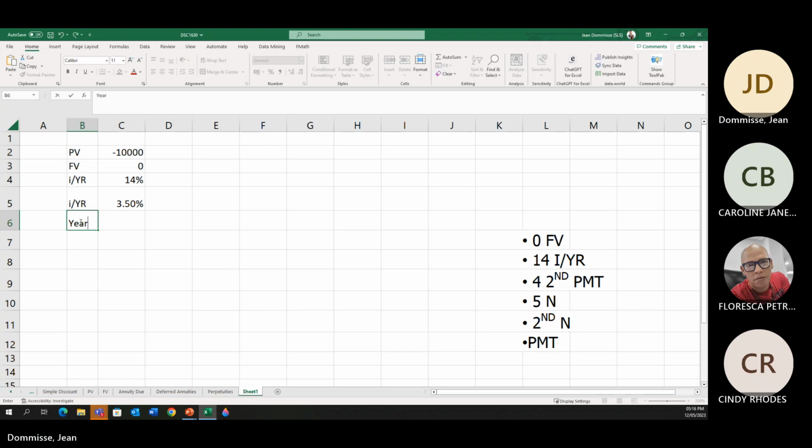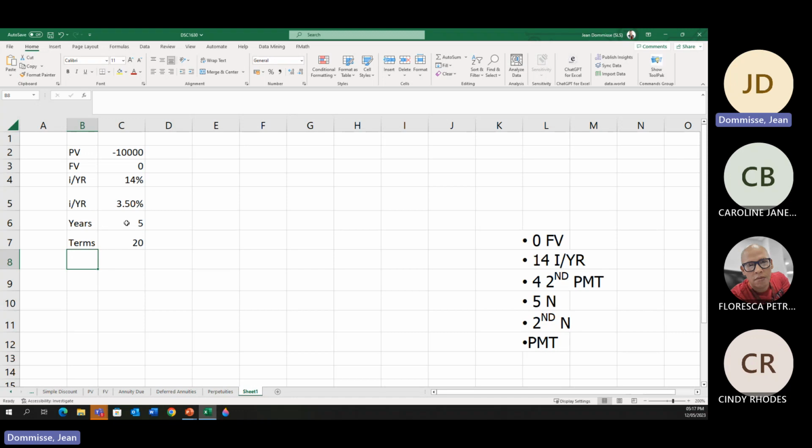So years is 5, but remember it is quarterly, so there are actually 20 terms in those 5 years. The calculator would automatically create that if you say it is 4 times a year.